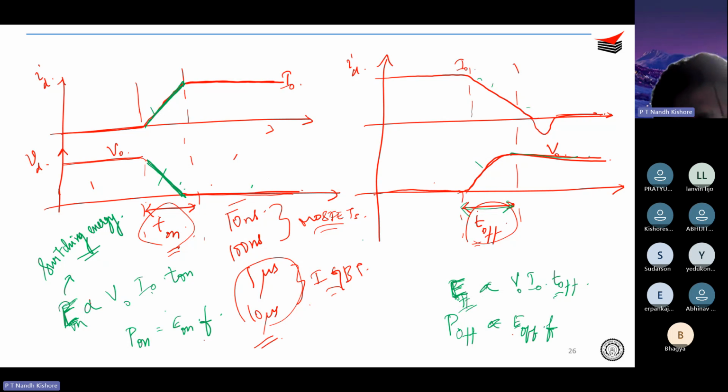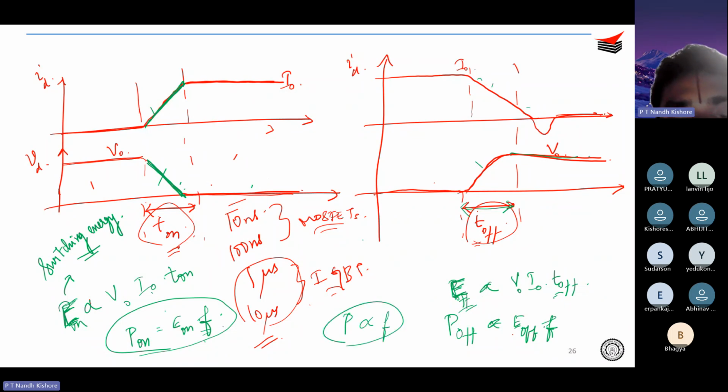So we understand that there is some power loss every time the device turns on and turns off. As you go for higher and higher frequencies, this power loss is directly proportional to the frequency, right? So P is directly proportional to F. Every time you turn on and turn off, there is a loss, so the higher the frequency, the higher the loss.